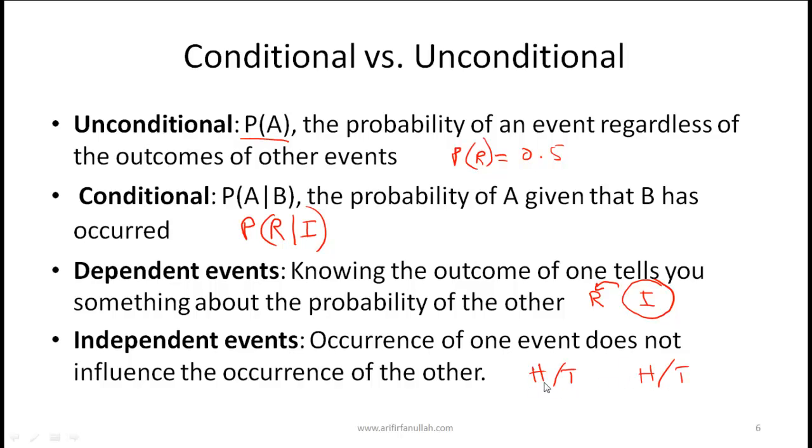These two coin flips are independent because knowing the outcome of one does not impact the other. Similarly, take the probability that it rains tomorrow versus the probability that the stock market goes up. These two are also independent, because knowing the probability that it will rain tomorrow tells you nothing about the probability of whether the stock market will go up.